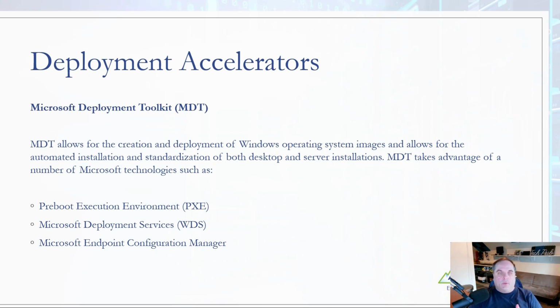And what you do is you can press a button to automatically receive an IP address from your Microsoft Deployment Services or Windows Deployment Services, and then you boot up into the WDS server and then pick that custom image that you created using the Microsoft Deployment Toolkit, and then you can install it. So the nice thing about that is if you have to deploy a lot of servers, and again, works with workstations as well, then you can choose to create this customized image to save you a lot of time.